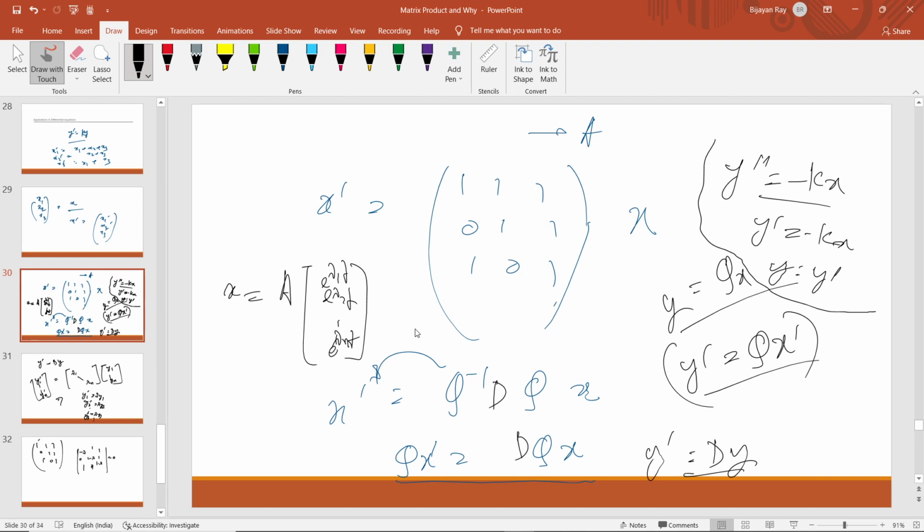Exactly, that's what I wanted to know. Is each of the X entries, let's say X1, some linear combination of these?